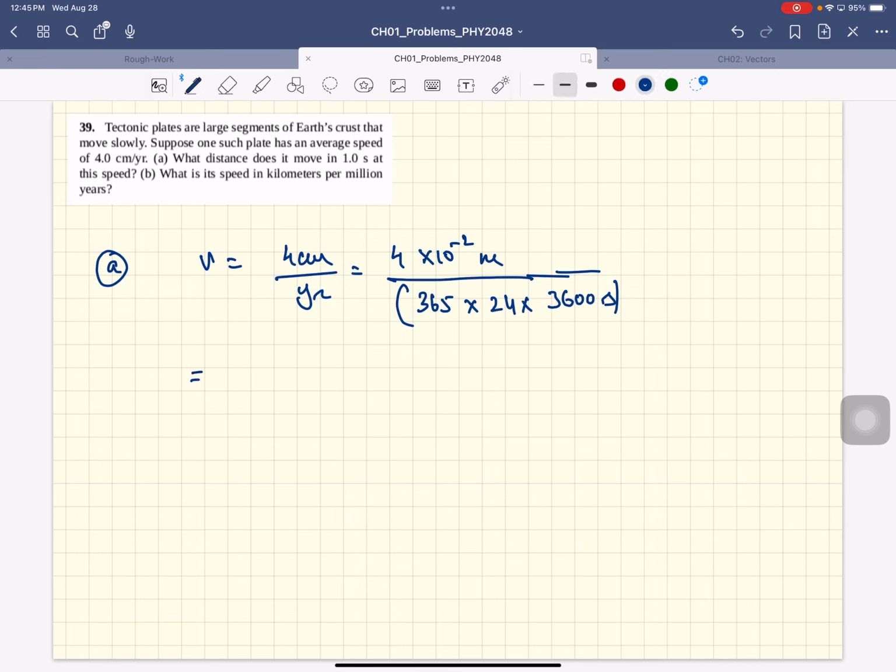So this is the velocity of the plate. All right. So there's the velocity of the plate.